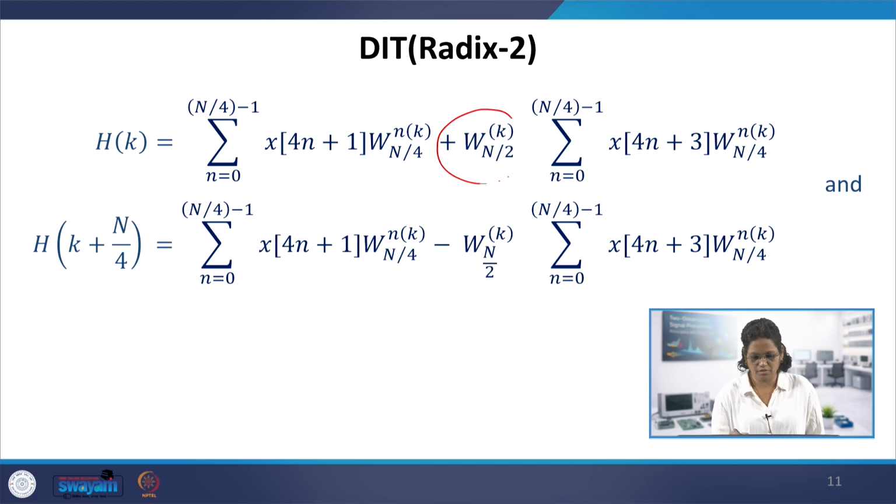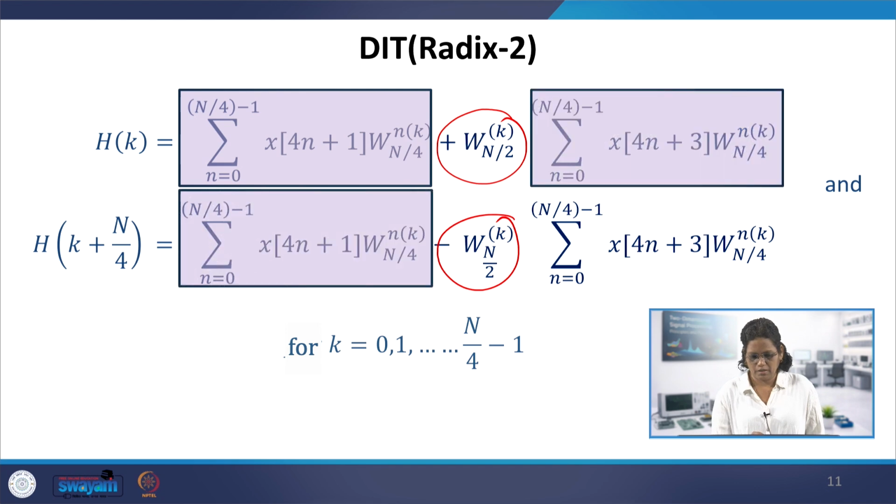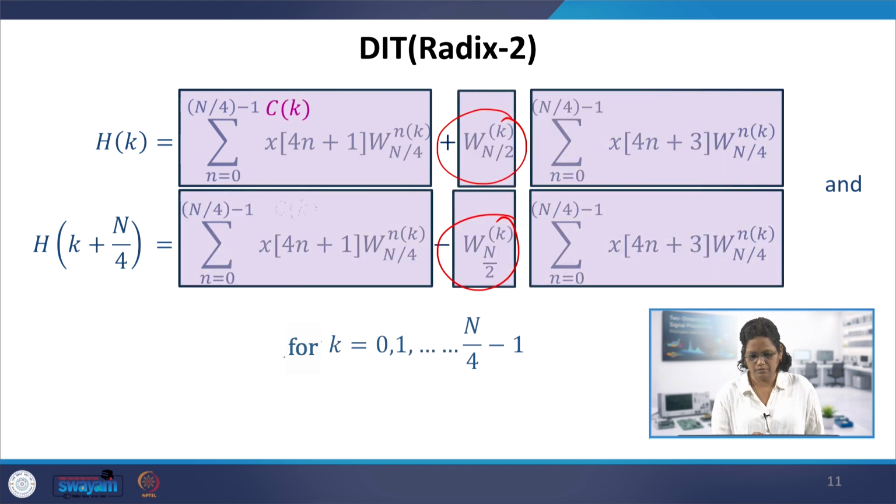So we get the difference between this forms a butterfly structure, W n by 2 k and minus W n by 2. So this is AK, and here we had AK and BK, and this H of k is CK and DK here. Okay, so this is 4n plus 1 and 4n plus 3.